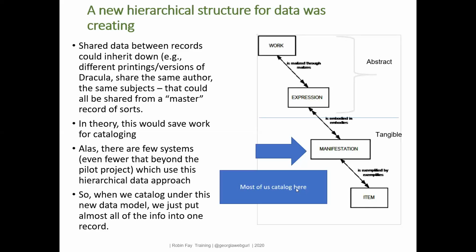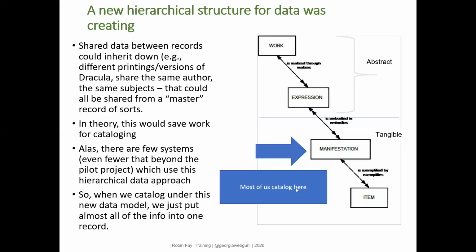For copy catalogers, this would be a big win because we would know that some of the information in our record was inherited from that master record. And so we would know that it's really been checked. It's one record sharing all of that information, so we wouldn't need to worry about checking things so much. From an original cataloging standpoint, it would mean that you could use information from that master record in your record, and you wouldn't have to check things as much either.